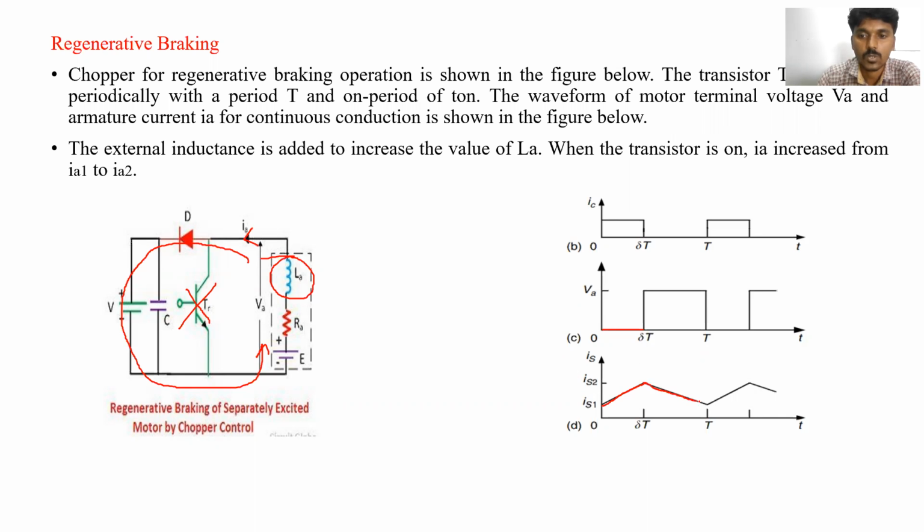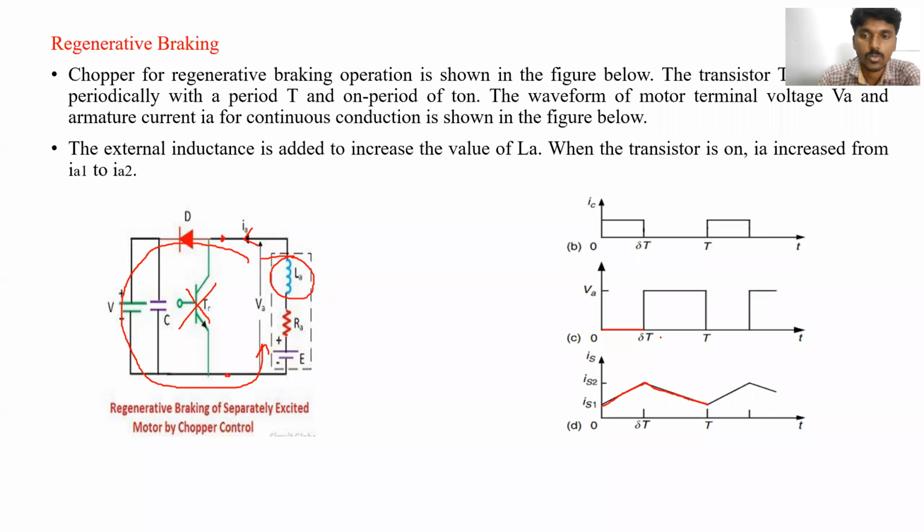The output voltage is present because no switch is connected across these two terminals. The path is load, diode, supply voltage and load.